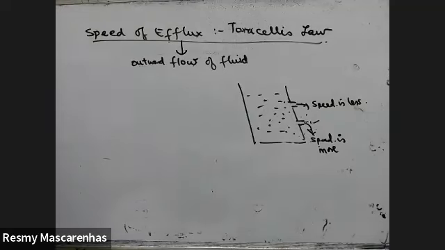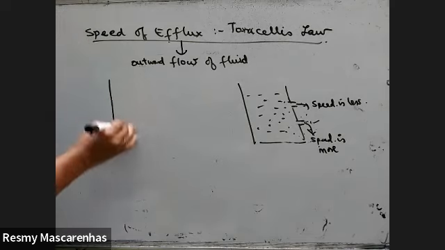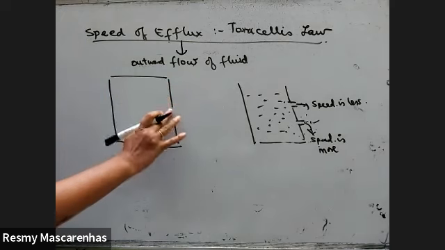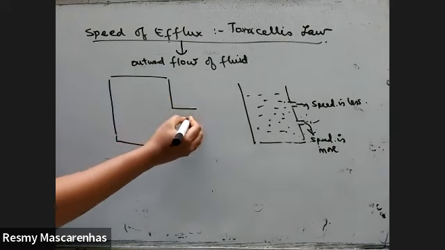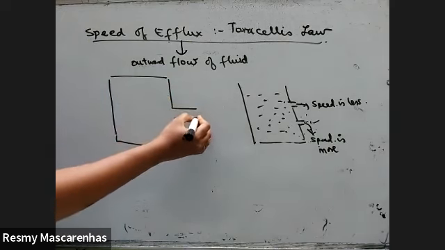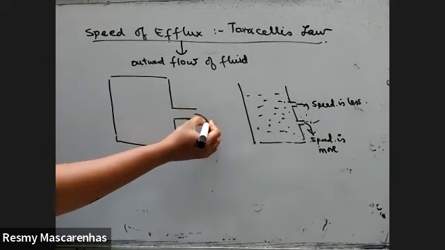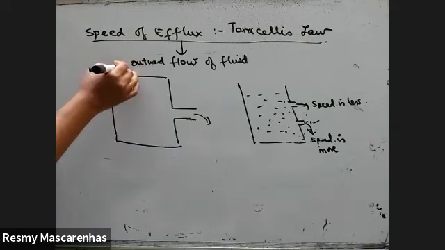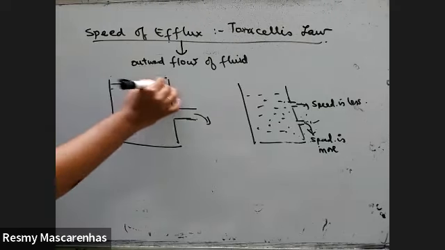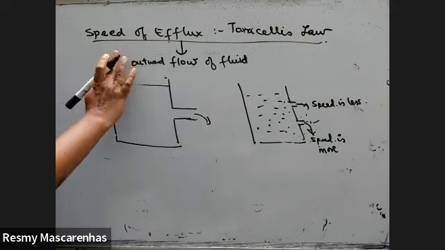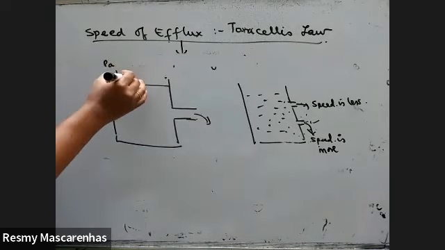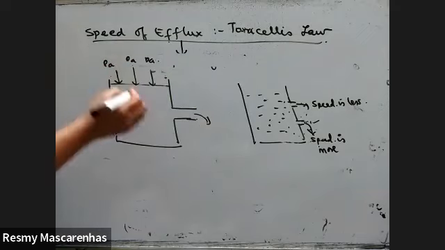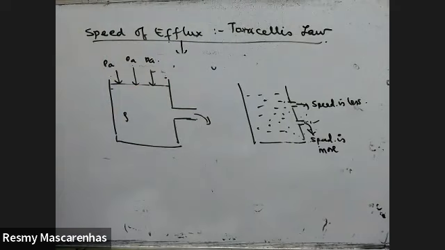The diagram for the derivation would be like this. There's a container. This is the hole created from which the water would flow out. It's open, so there's the atmospheric pressure. Rho will be the density of the fluid.